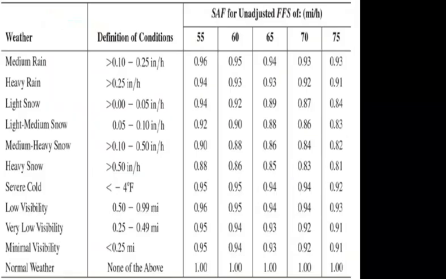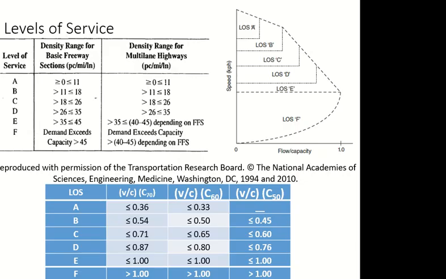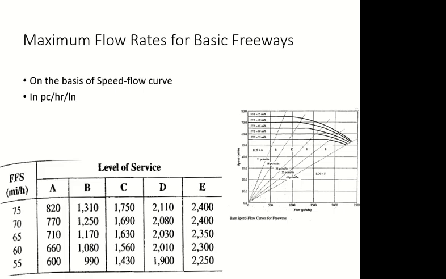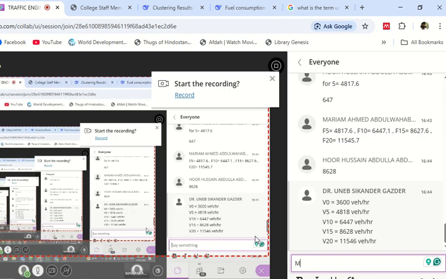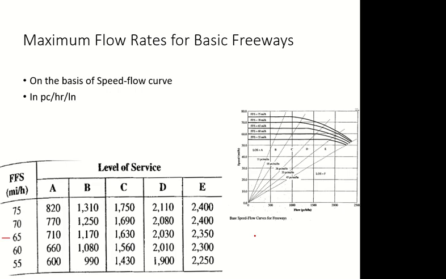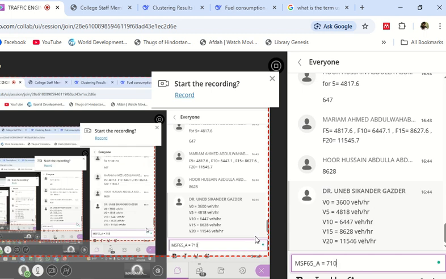So we are going to use those in this question. They have done it for 65, and my free flow speed is 65, so I can use these maximum service flow rates. So MSF for 65, level of service A, 710.